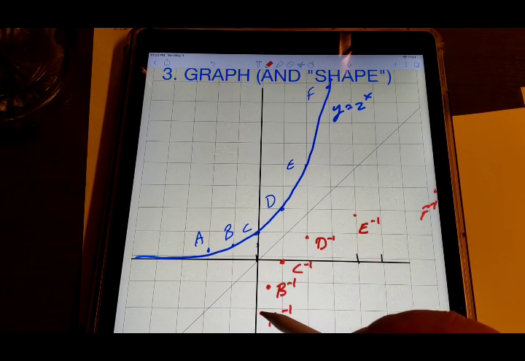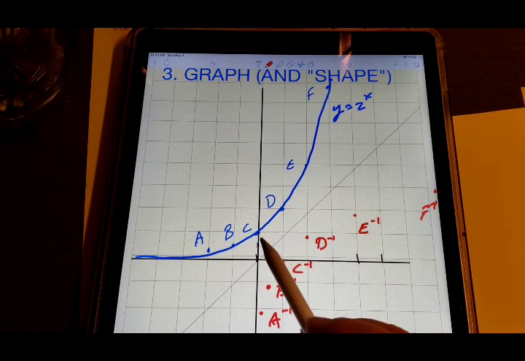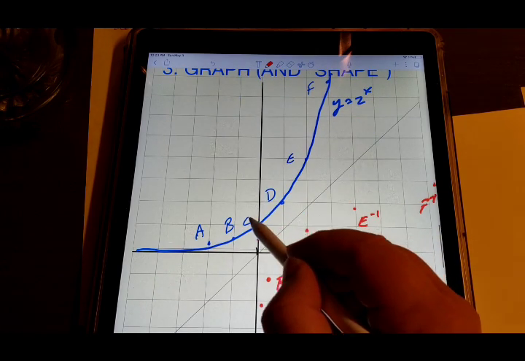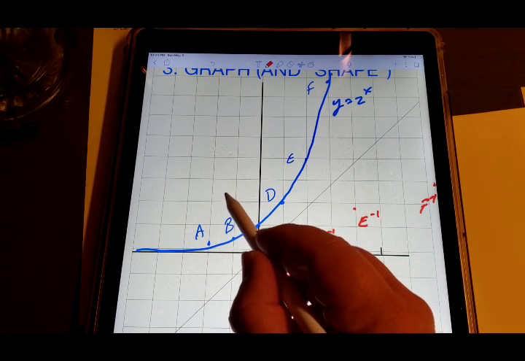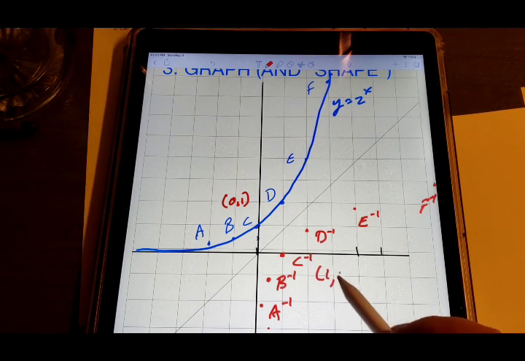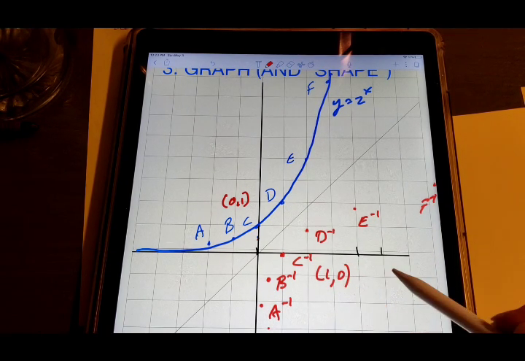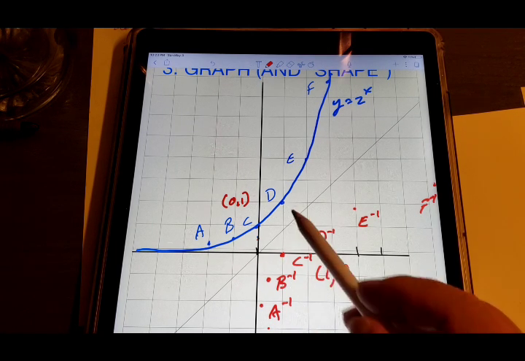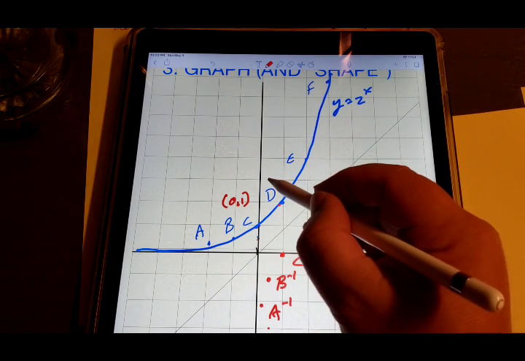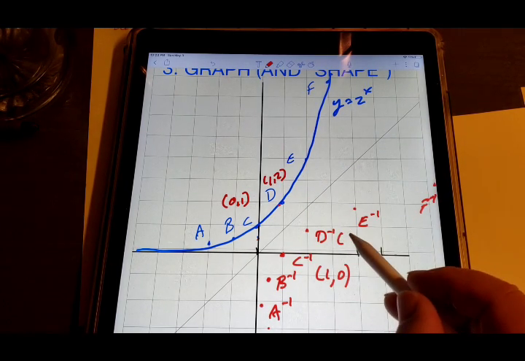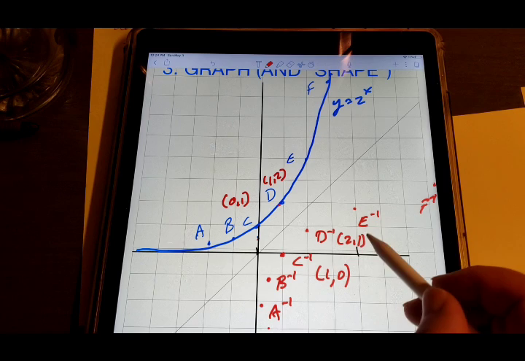Well, if you see these points, for example, C was, let's put the ordered pair here, on the chart earlier, 0, 1. This point is 1, 0. X is 1, Y is 0. This point D was 1, 2, and this point D inverse is 2, 1.